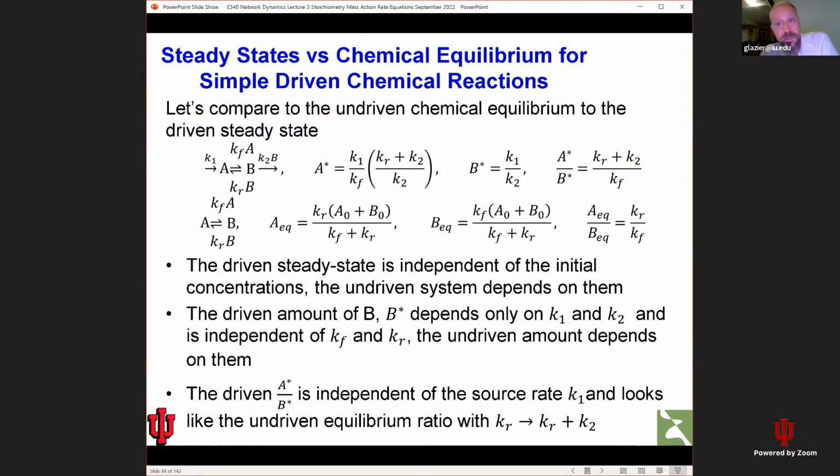Mathematically, they're the same, but biologically and chemically, they're different. In both cases, it means that dA by dt and dB by dt is 0. But what they mean chemically is different. Other questions?